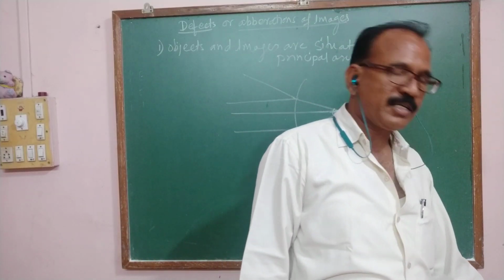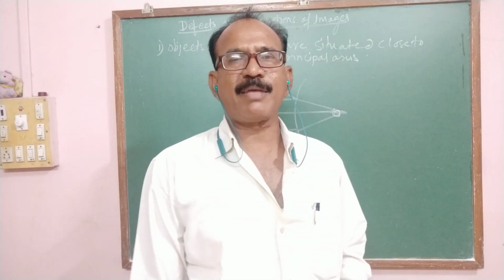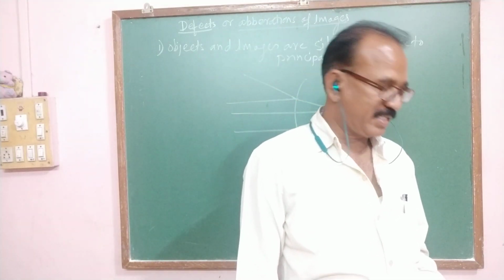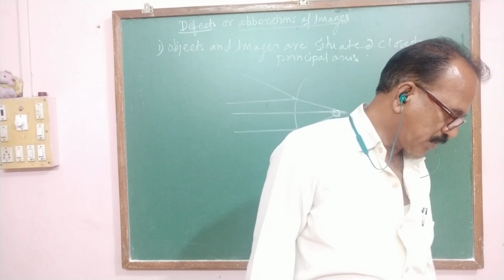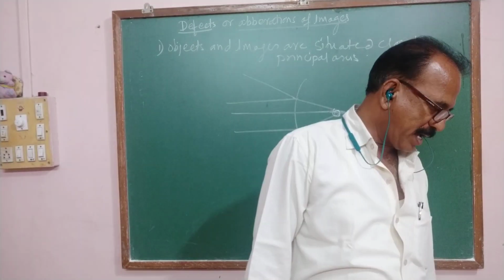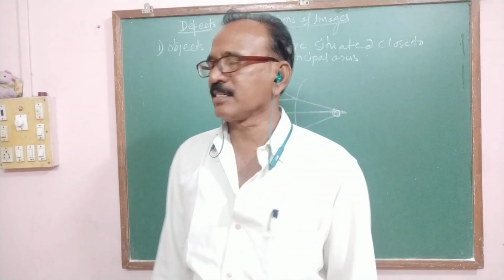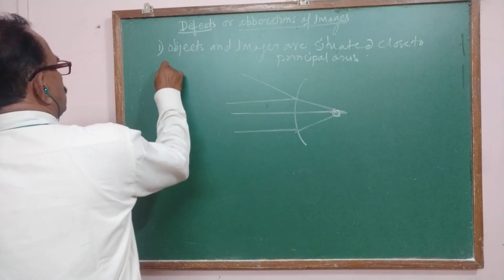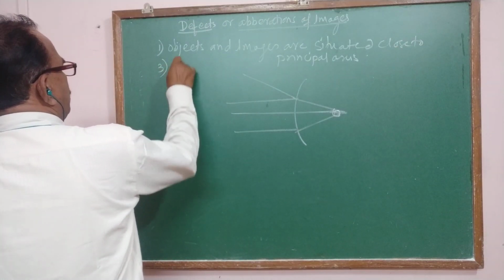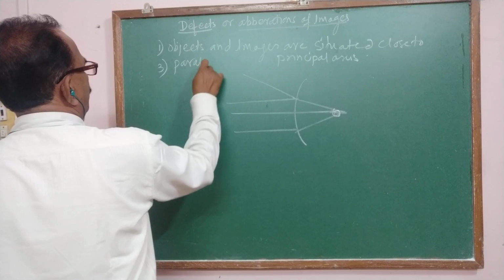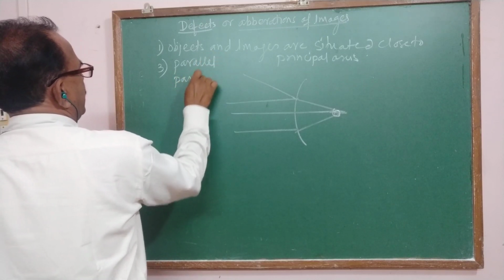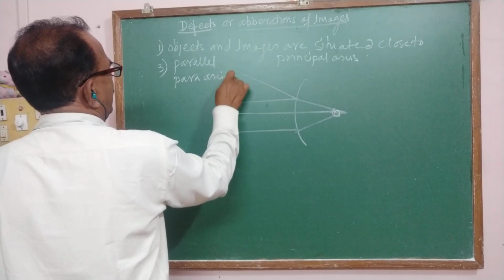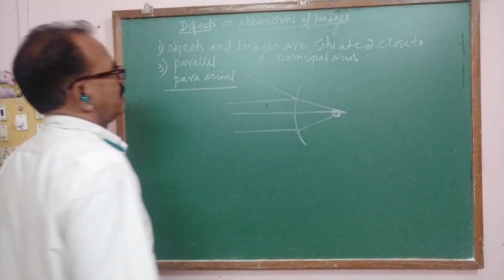Then if there is a parallel beam of rays, parallel and close to the principal axis, we call it paraxial, P-A-R-A-X-I-A-L.